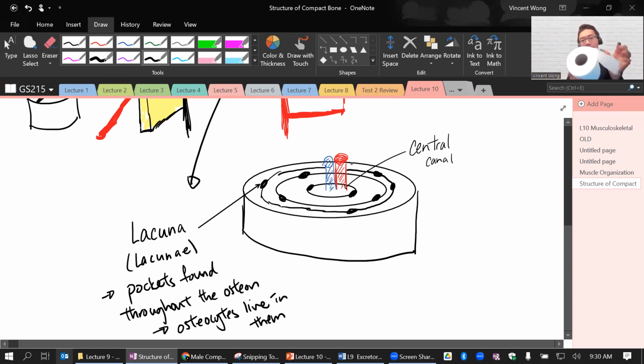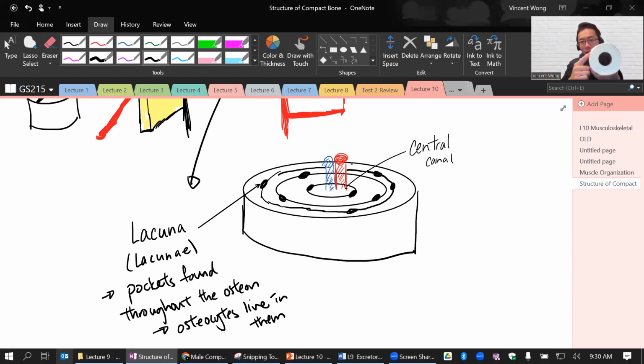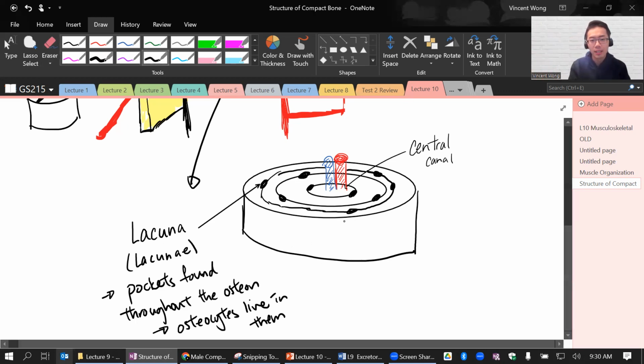So now instead of thinking of this as the bun, think of this as the osteon, right? So this is the central canal, and all this stuff that I'm touching right now, that's the matrix. And that matrix is of course made up of calcium and phosphate salt, right? So this here is the calcified matrix.